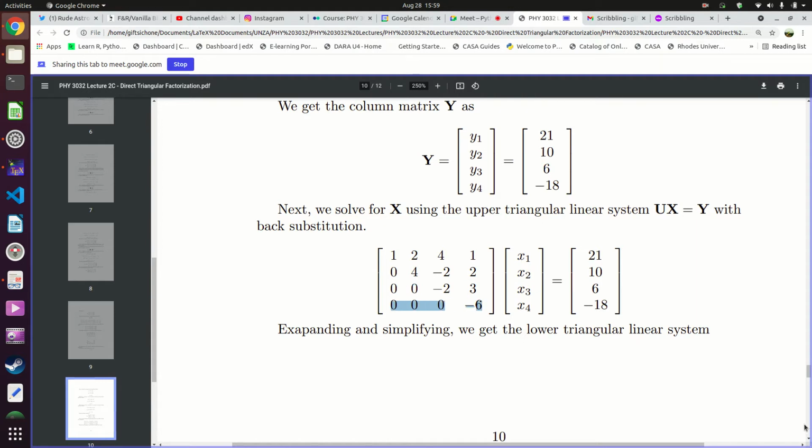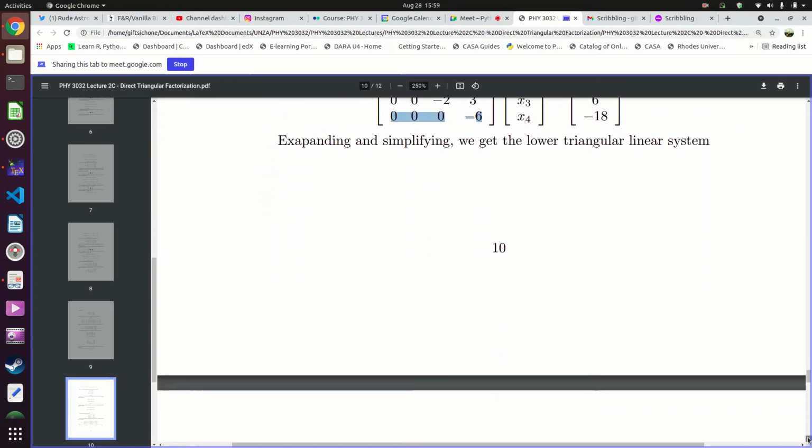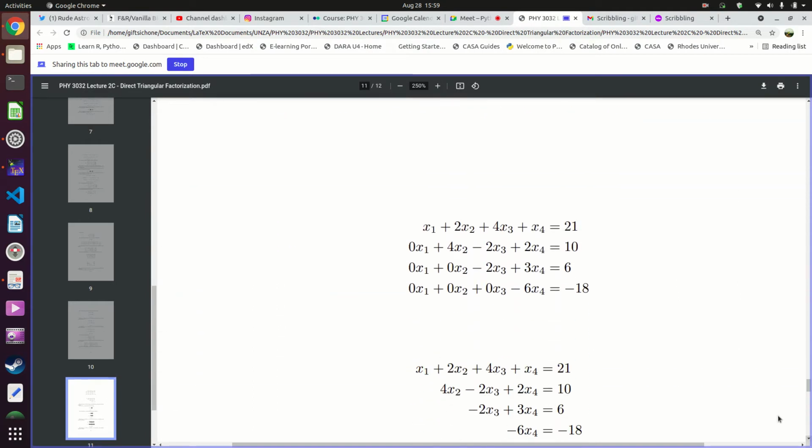When you do that, you're going to end up with the following system: x1 plus 2x2 plus 4x3 plus 4x4 equals 21, 0x1 plus 4x2 minus 2x3 plus 2x4 equals 10, then 0x1 plus 0x2 minus 2x3 plus 3x4 equals 6, then 0x1 plus 0x2 plus 0x3 minus 6x4 equals minus 18.